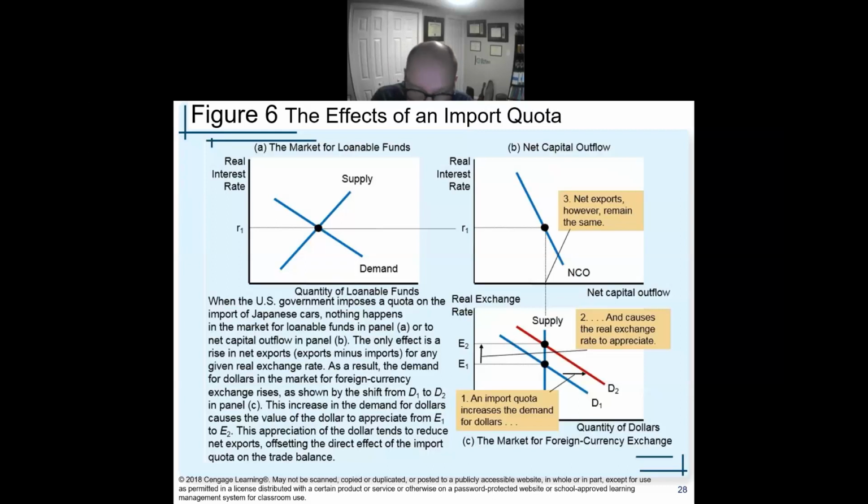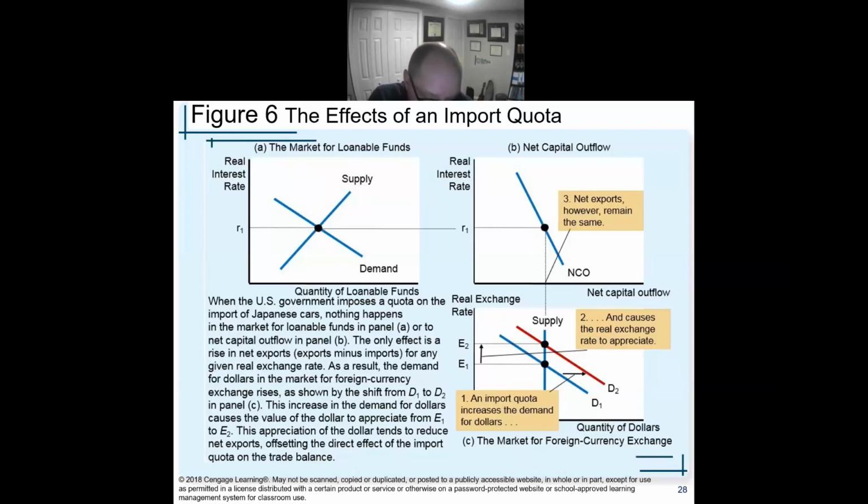The reason why quotas happen is because the country wants to protect what's being made domestically. An example would be years ago there was an import quota on Japanese-made cars. You'd only bring in so many from Japan in a given year. The reason was they wanted to protect the auto manufacturers here in the United States. How does that happen?